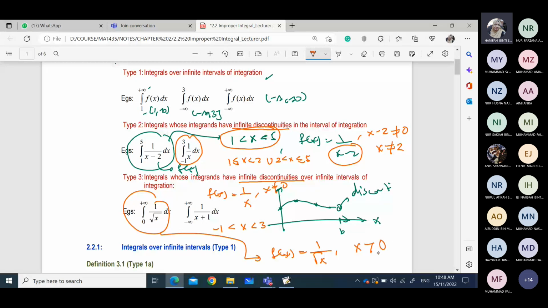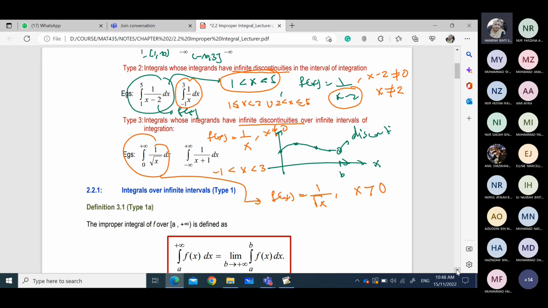So maksudnya the values of x must be greater than 0. So nilai yang paling kecil untuk x pun 0 point something lah. Tak boleh kosong. Kalau kosong, this function is undefined. Kalau negative, if x is negative, it is also undefined. Okay. Alright, so based on this example, the interval of x is 0 to infinity.